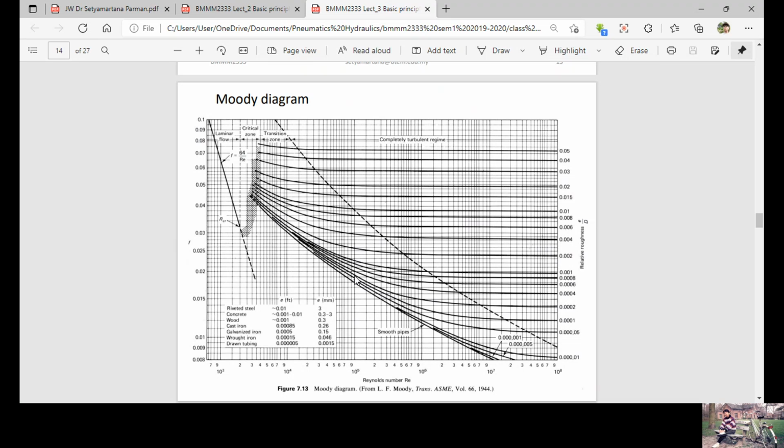So we have this point and then we read to this part. This is about 0.0195. So that is how to determine the F value for a certain value of relative roughness and a certain value of Reynolds number.